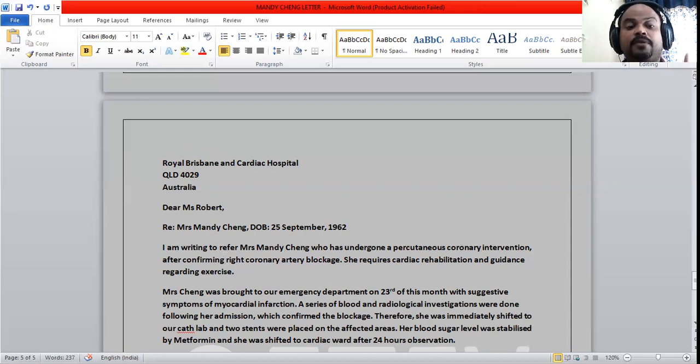We confirmed the coronary artery blockage, and then she underwent this particular intervention, percutaneous coronary intervention. And now she requests cardiac rehabilitation and guidance regarding exercise.